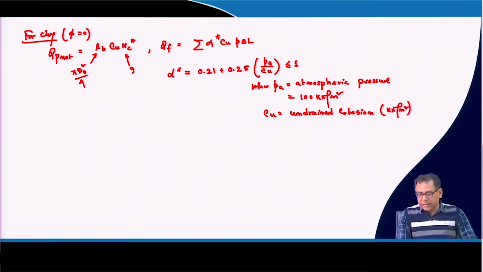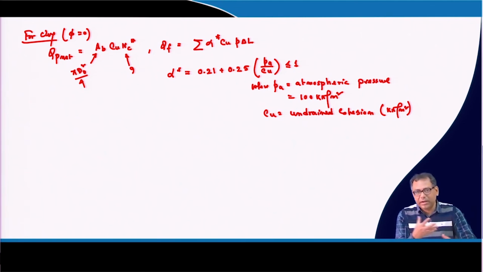So, if I know the Cu of the soil, I can put this value here, PA is always 100 kilonewton per meter square, then we will get the alpha dash value, and that should be less than 1.